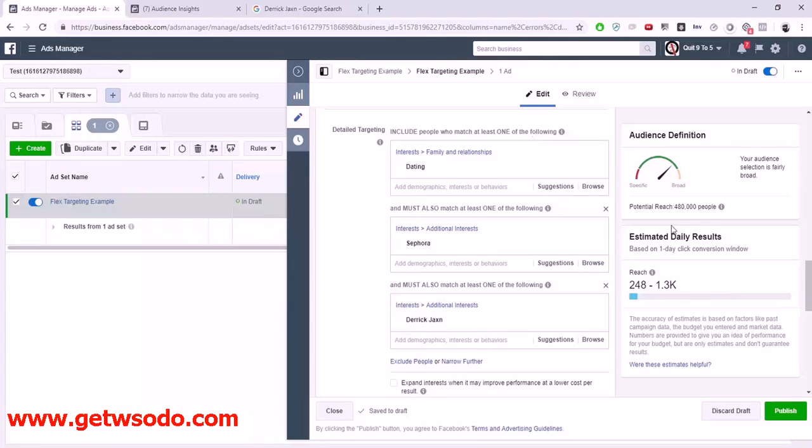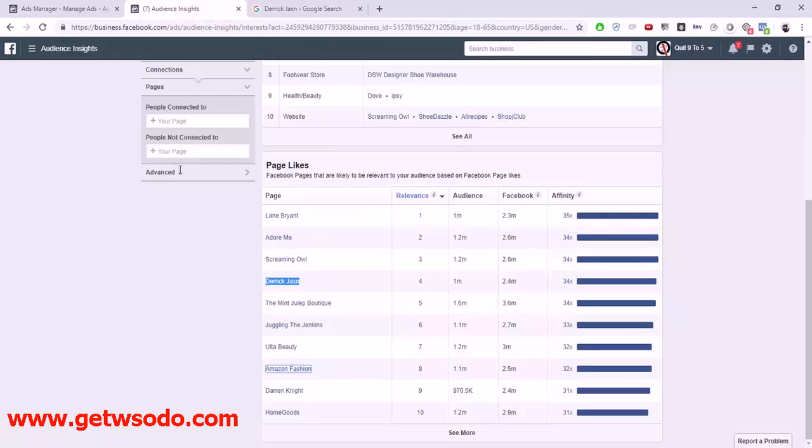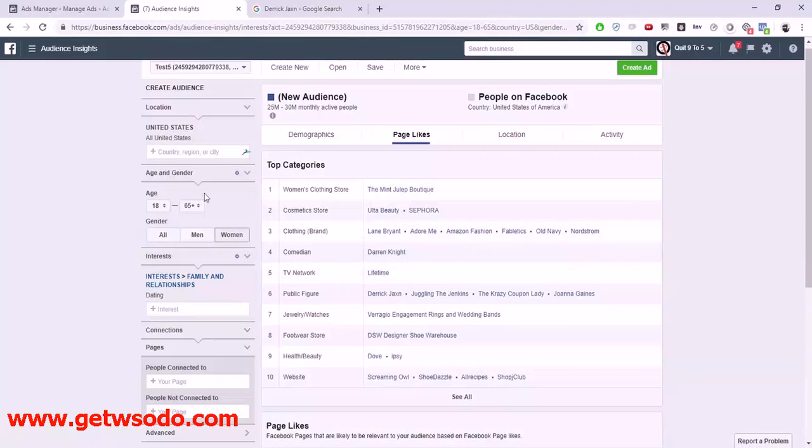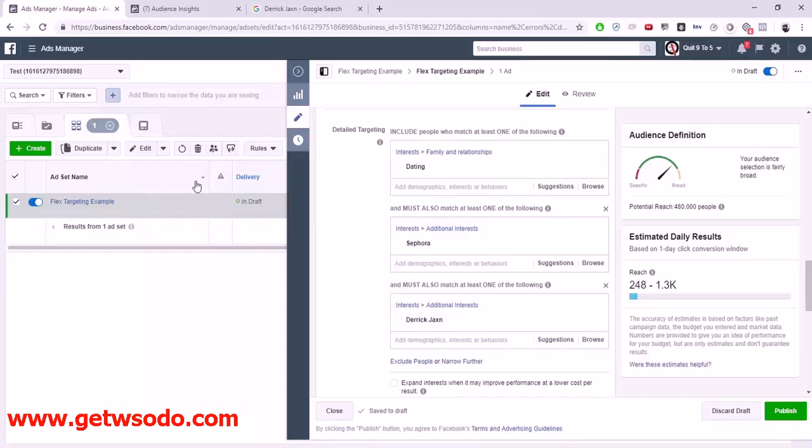So we're super, super dialed in now. 480,000 women, a super juicy audience, is for sure into dating and into the two things that people who are into dating, like these are really high up on the list, right? This is relevance number 4. This is the top 4 out of the women in this demographic that are interested in dating. So, and we've just flex targeted to really laser down on exactly who's converting here.